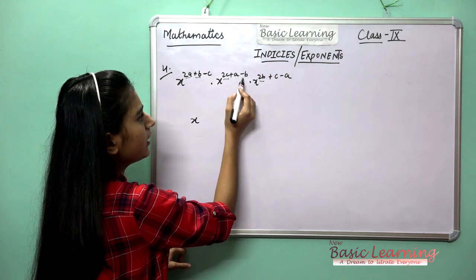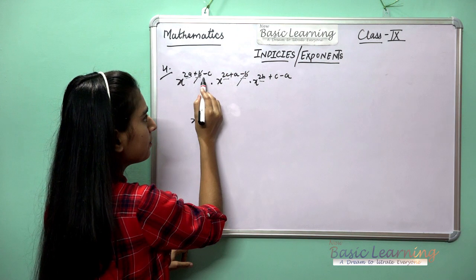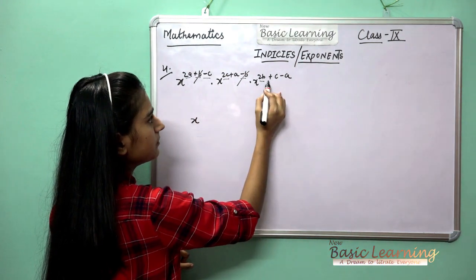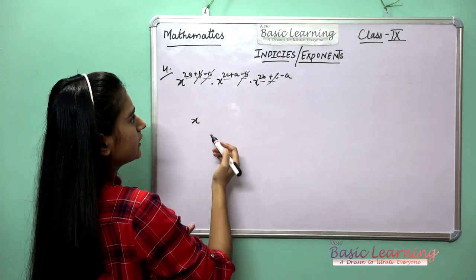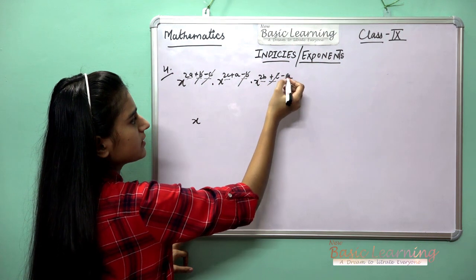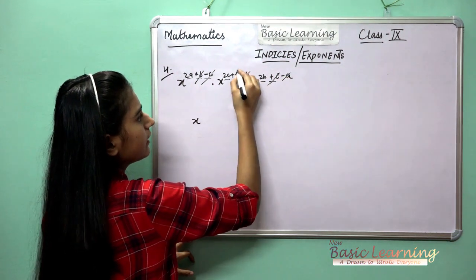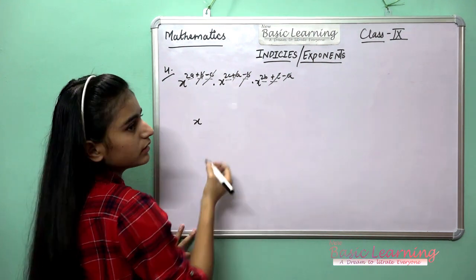Plus b and minus b cancel, minus c and plus c cancel, and a plus a and minus a cancel. So we are left with 2a, 2c and 2b.